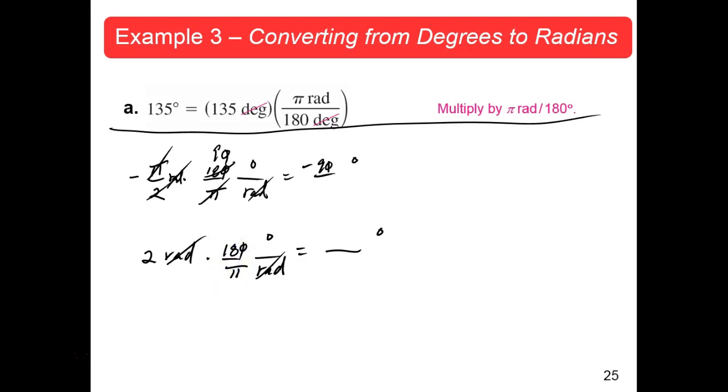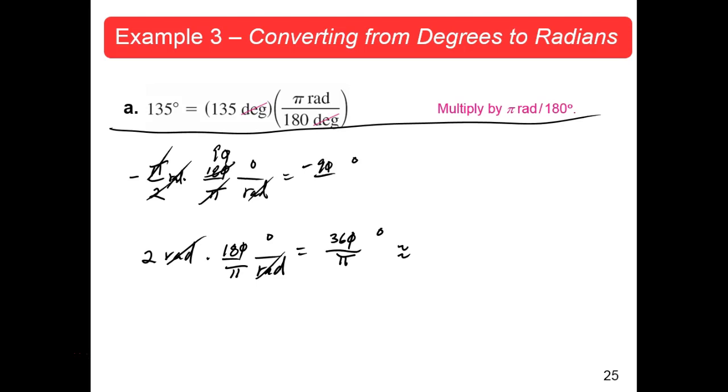Okay? Now, there's nothing you can divide out here, so you're just left with 360 divided by pi. Okay? And if you happen to have a calculator, do that. 360 divided by pi. It certainly isn't 2.